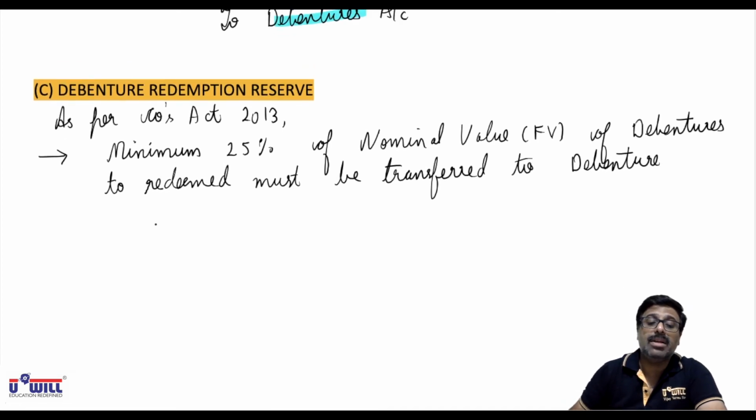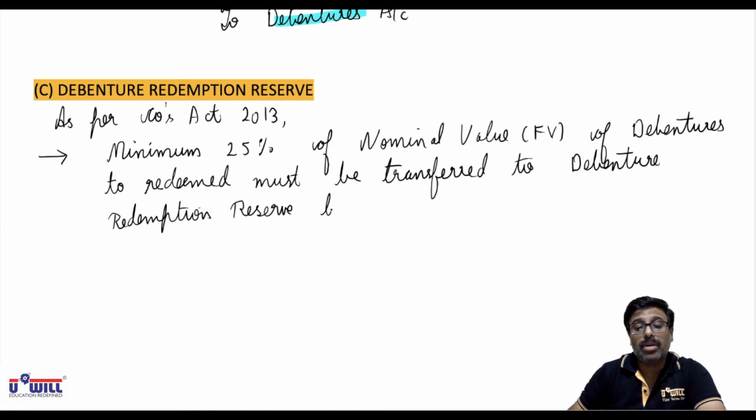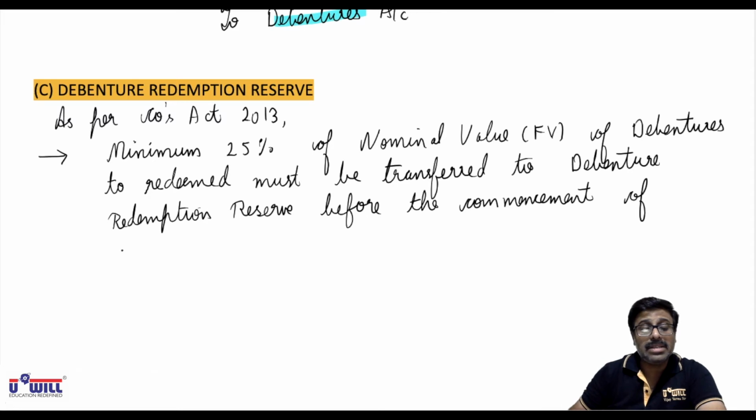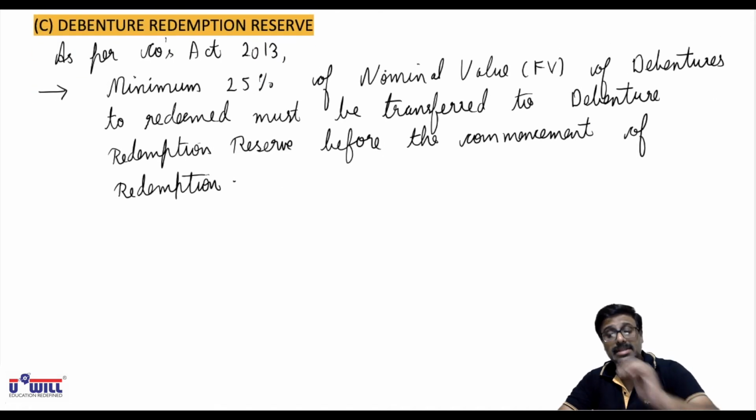Before the redemption commences. All of you must be writing this in the summary. Before the commencement of redemption. Now this is for the listed as well as unlisted companies, and there are some relaxations for finance companies, banking companies, non-banking finance companies.